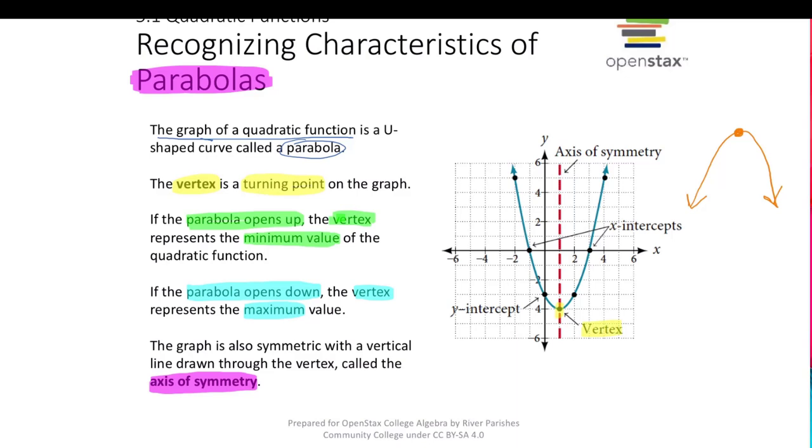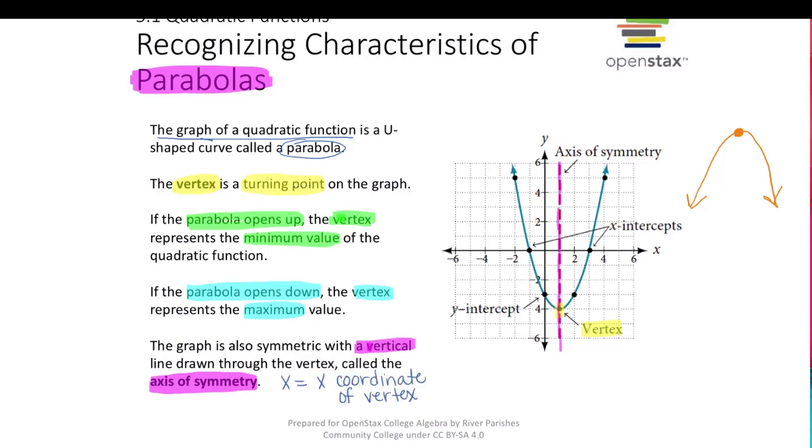And the mirror that I'm referring to is this axis of symmetry, which is this red dotted line that I'm now tracing in purple. Now, it is a vertical line. You don't always see it drawn through parabolas, but it is there. You can label it, and sometimes I'll ask you to label it, but it's a vertical line drawn through the vertex, and again, it's called the axis of symmetry.